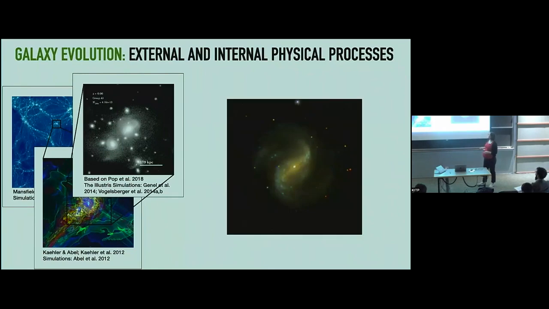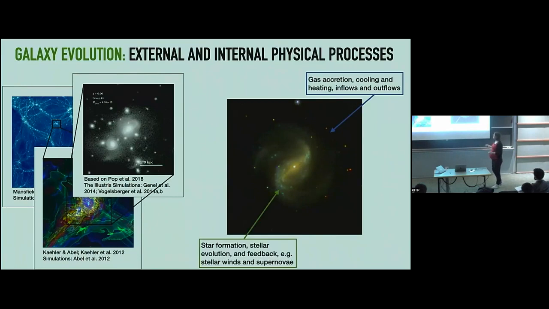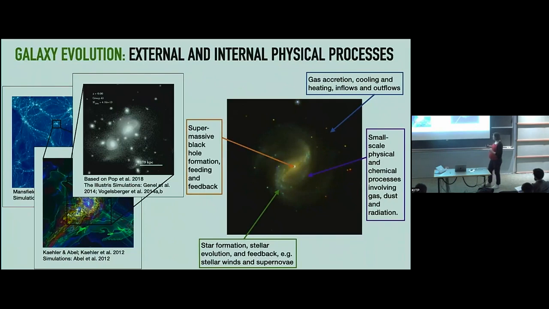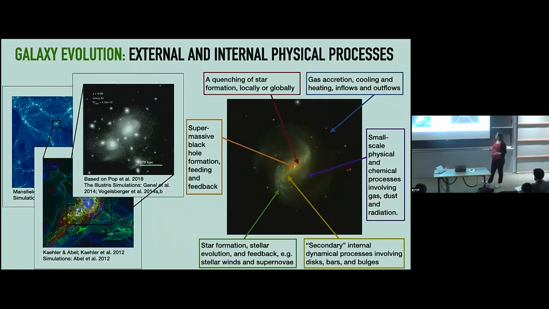And then the galaxies inside are governed by a lot of additional physics with the gas, star formation, dust, supermassive black holes, secondary dynamical effects. And that can mean that the galaxy is still star forming or quenching.